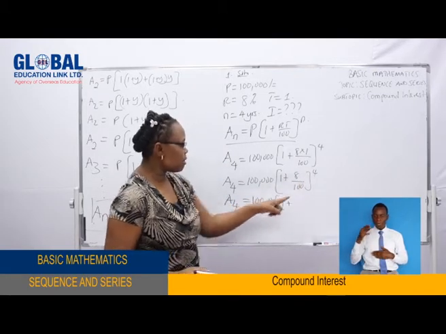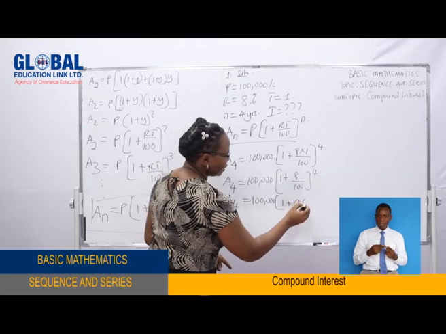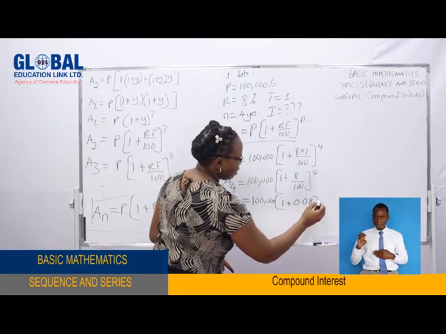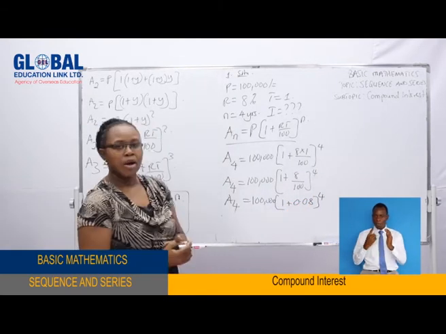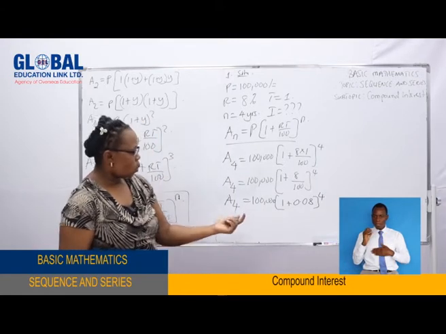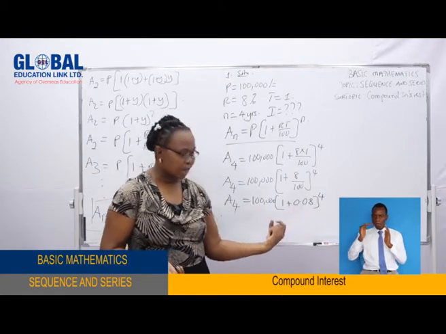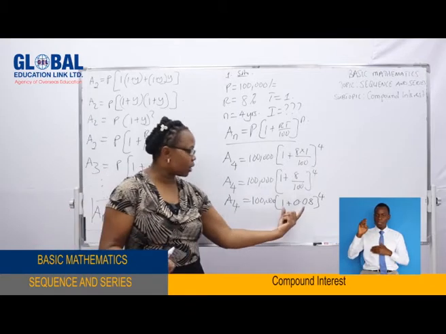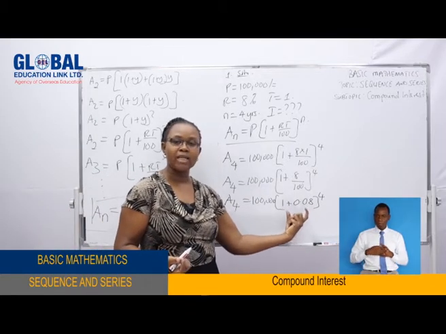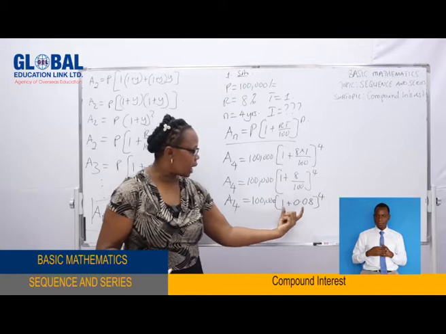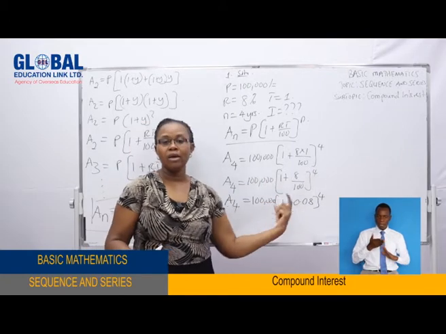8 divided by 100 equals 0.08, power 4. My dear students, when you have a number inside the bracket, first you have to calculate the amount inside the bracket, then you come to those outside the bracket.